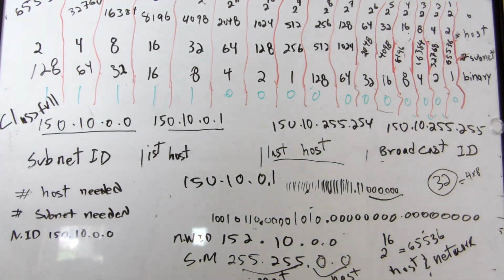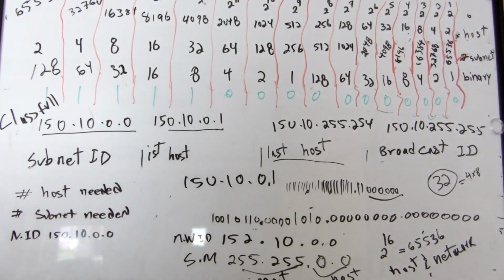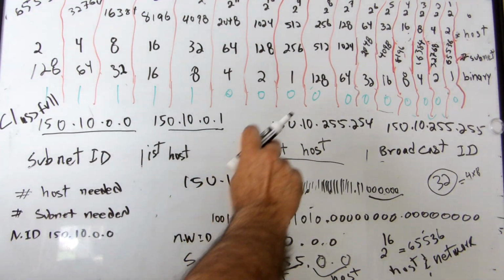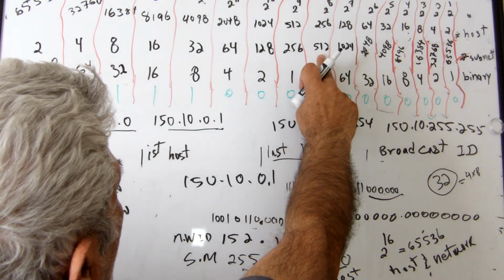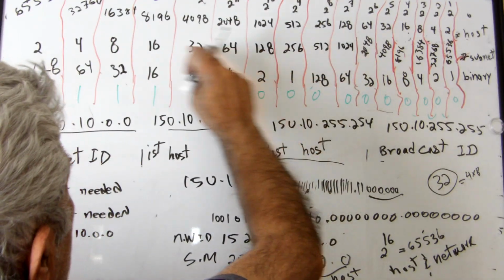So if they say there are so many departments in a company, suppose we are here, these are the subnets.